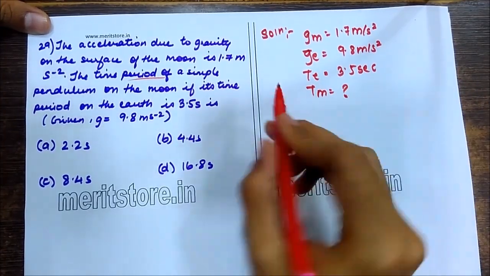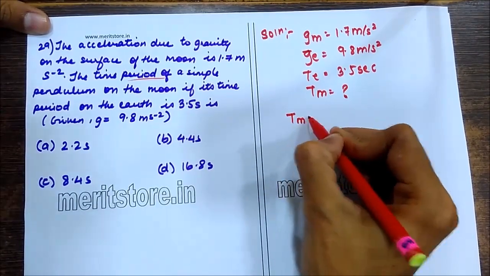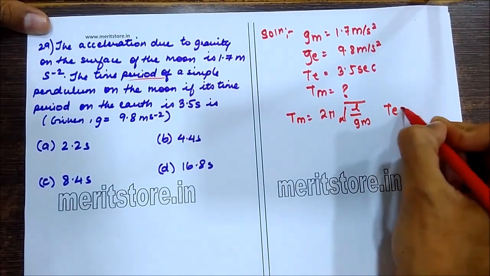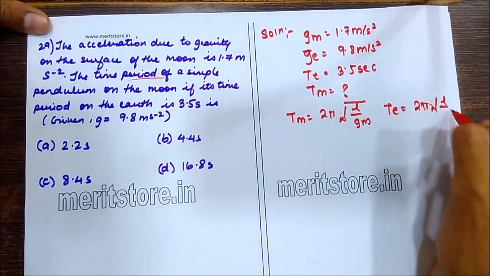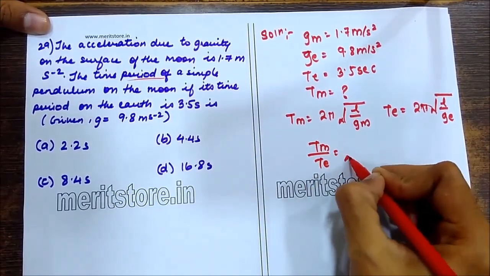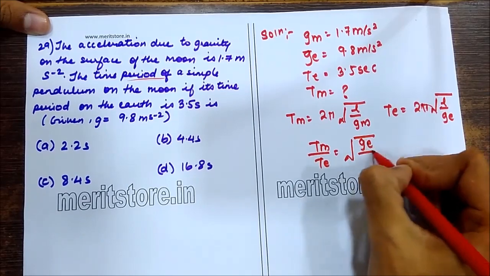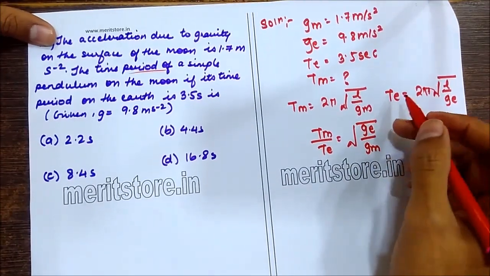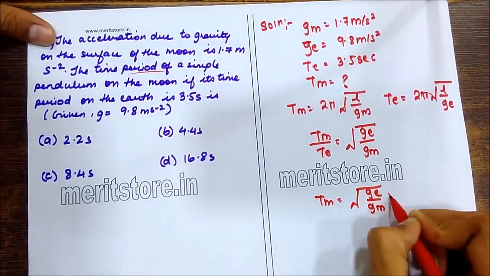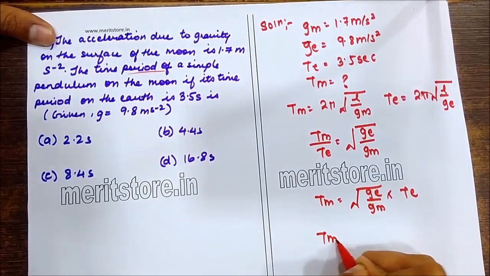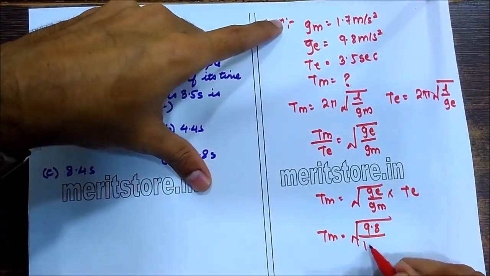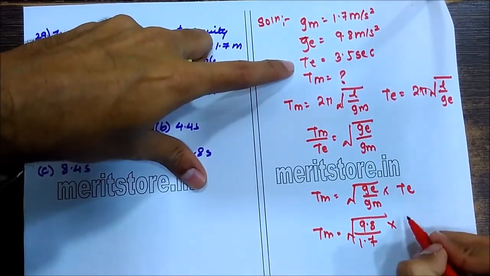We have the formula: time period for the moon is T equals 2 pi under root L upon g of M. Similarly for the earth, T equals 2 pi under root L upon g of E. Comparing, T of M upon T of E equals under root g of E upon g of M. So T of M equals under root g of E upon g of M into T of E. Calculating, g of E is 9.8, g of M is 1.7, into T of E which is 3.5.